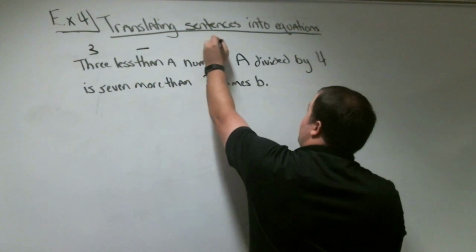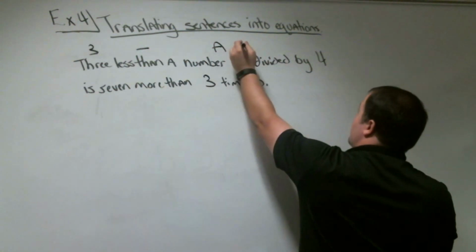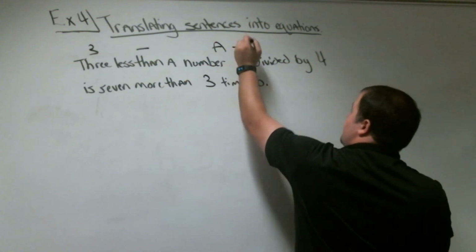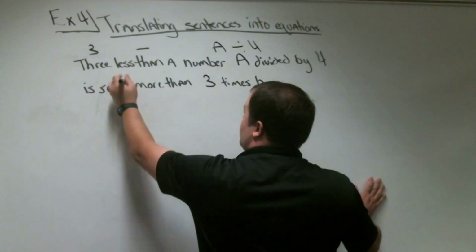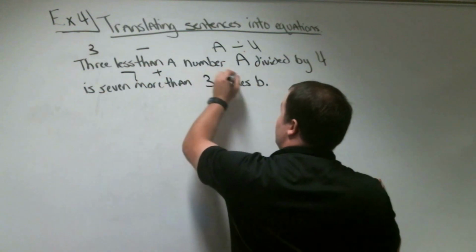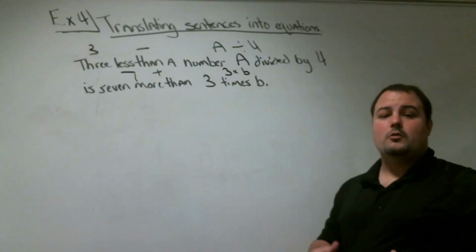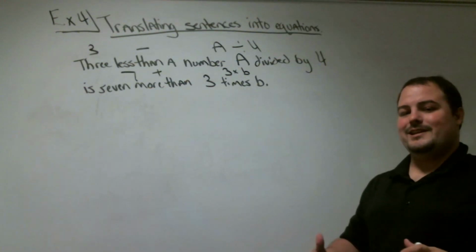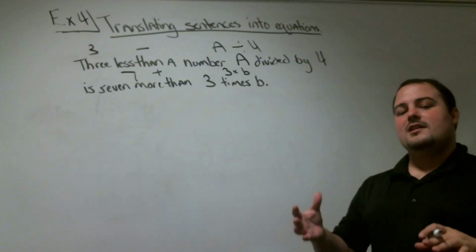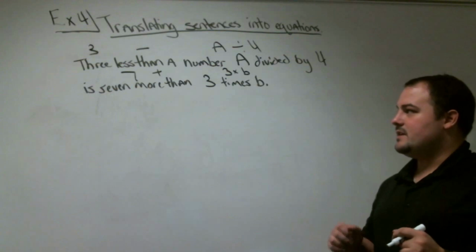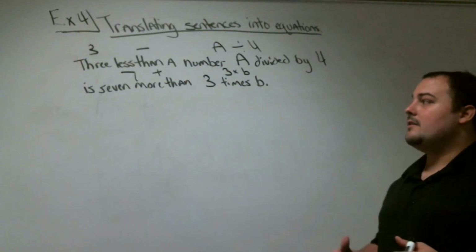A number A, so I have A divided by 4. Then 7 more than 3 times B. Even if I just wrote what they say in the exact same order, it's not 100% correct because we need to think about what they're saying.